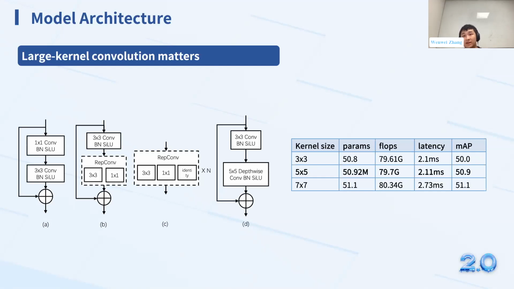Like many recent works that revisit large kernel convolutions, like RepLKNet or ConvNeXt, we also try the large kernel depth-wise convolutions in the basic block. We evaluate different kernel sizes for the depth-wise convolutions, and we choose 5 times 5 as a good speed accuracy trade-off.